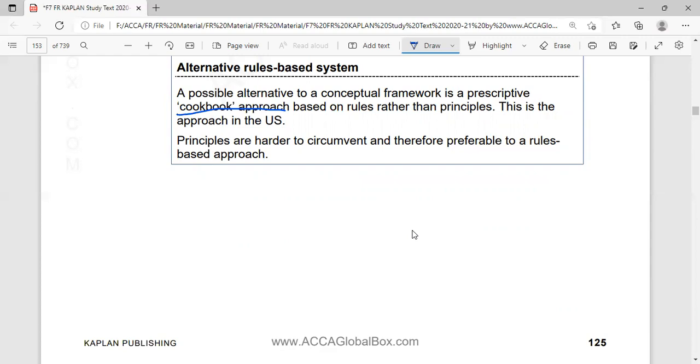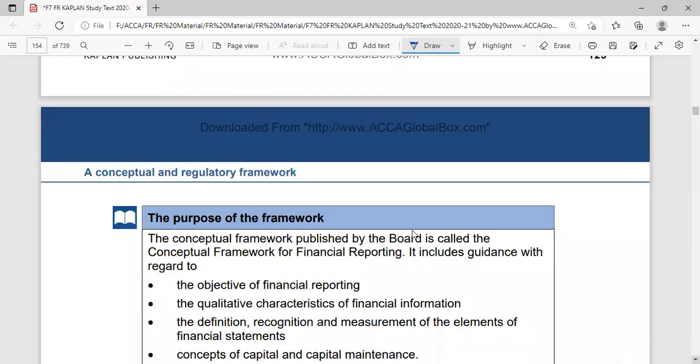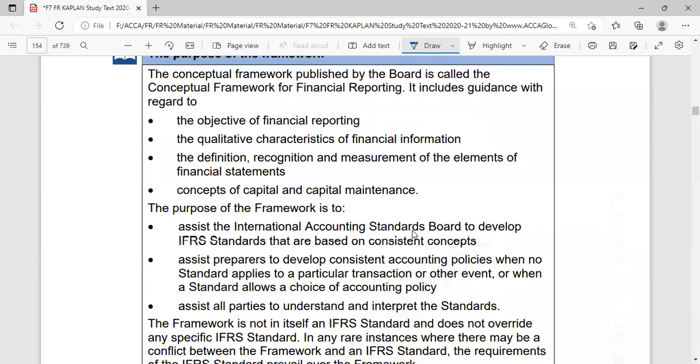Based on those rules they prepare the financial statement. So in that case, the main feature of the financial statement is not possible. The best example is comparability.